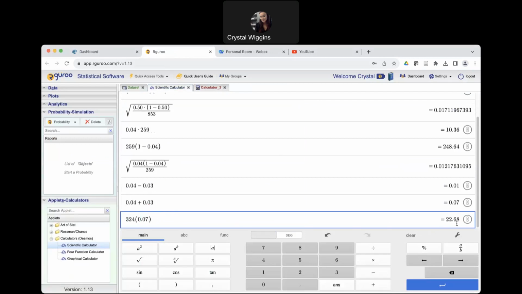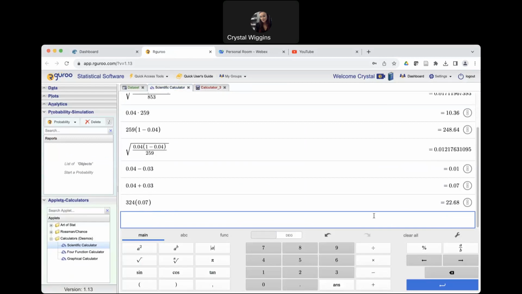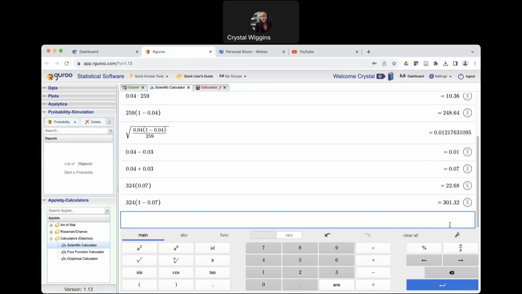I check that the number is at least 10. It's good to go. So then I'll do the other part of the central limit theorem, which says take your sample size and multiply by 1 minus the population proportion, and also meets the criteria of at least 10.